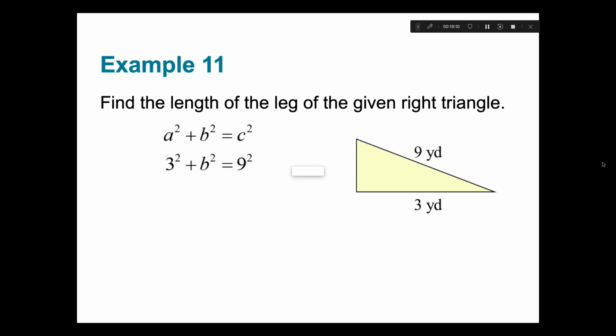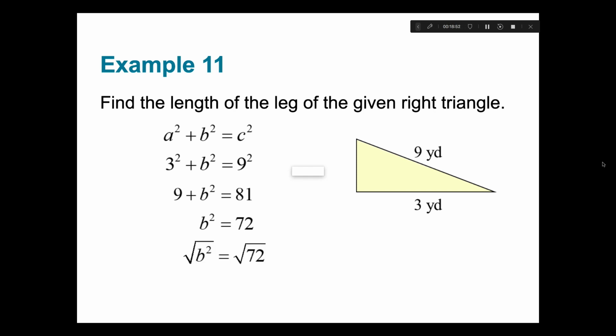Once we square those, we end up with 9 plus a number squared is going to give us 81. What's my next step to solve for this? What do I have to do to these 2 numbers? Subtract, right? I have to get that variable by itself, so I want to move the 9 across to the other side. Once I subtract both of those, I have 72 is b squared.